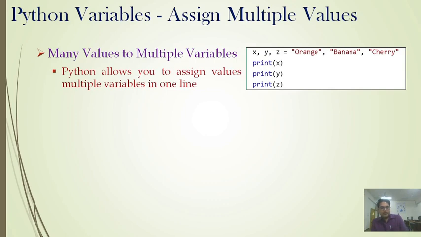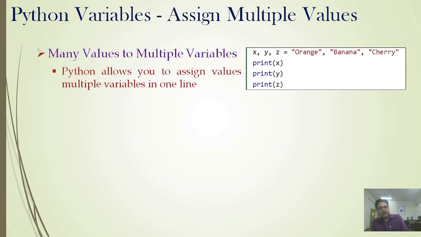So you can see in the same instruction x, y, z, all three variables are used, separated by commas, and then we assign the values using the equal to sign. We assign values like orange, banana and cherry, again separated by commas. So the commas mean that the first variable, x, gets the first value you have given, which is orange, so x equals orange.